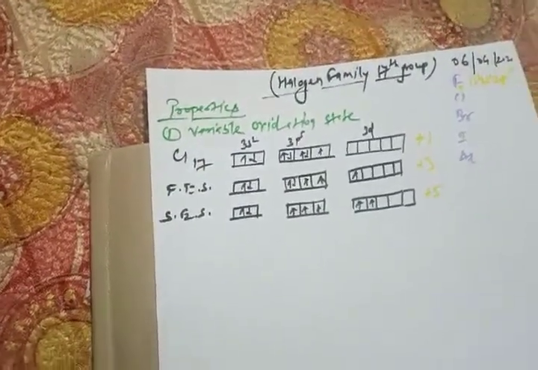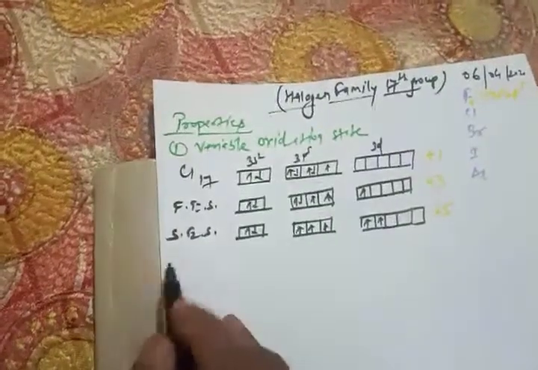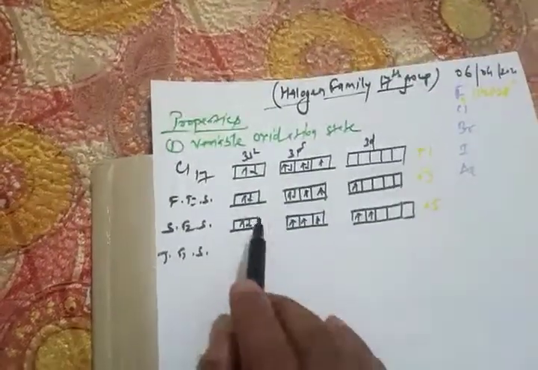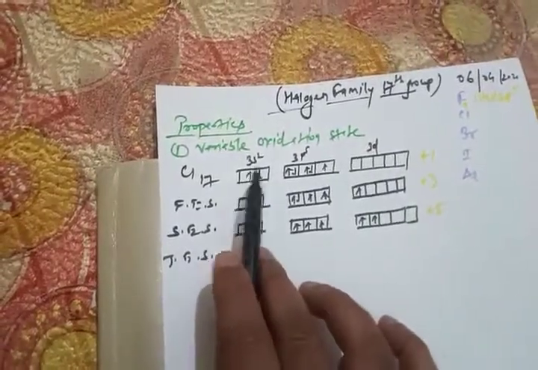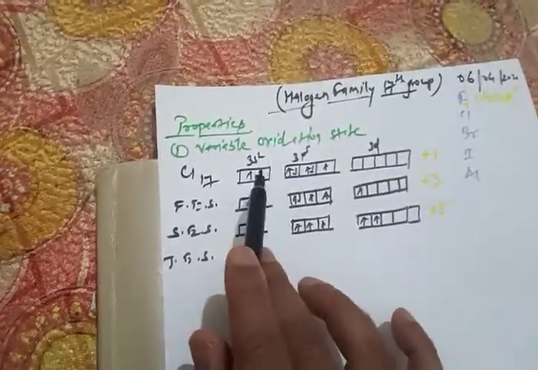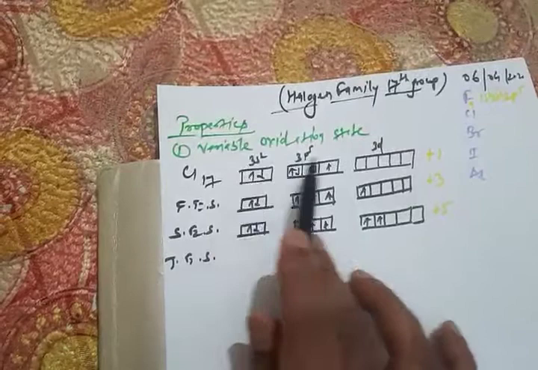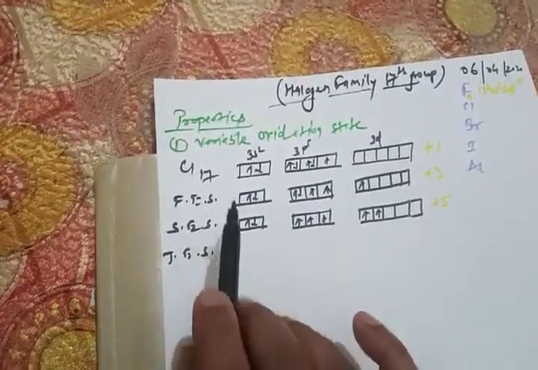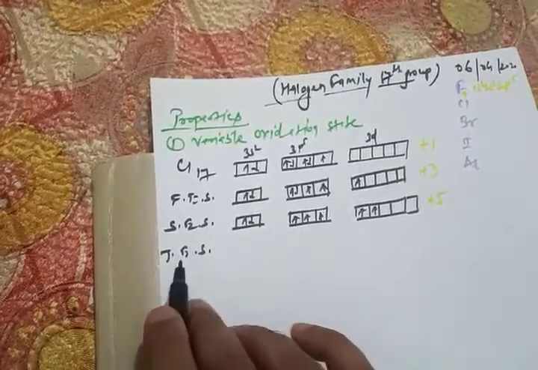There is one more possibility, so we'll go for the third excited state. Because p and d orbitals are available at the same energy level, we can go for the first excited state, then the second excited state, then the third excited state.